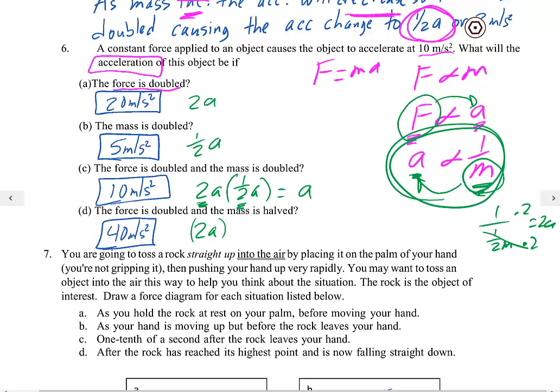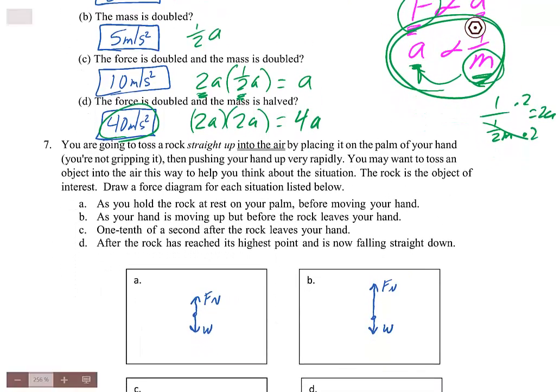So that means we have 4 times the acceleration, or 40 meters per second squared. You're going to have to be able to use those relationships in the multiple choice questions and part of the free response questions.